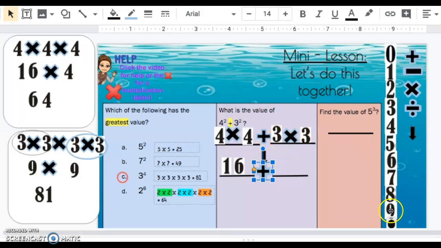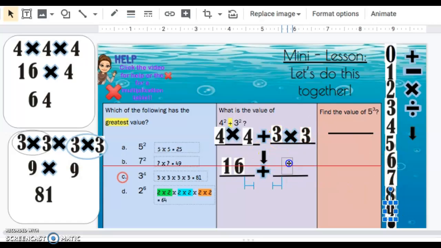And then you got to do 3 times 3 is 9. Okay, and then you'll add those two up. So on your scrap piece of paper, you're going to do 16 plus 9, or you can use your fingers, whatever you prefer. You would do 6 plus 9 would be 15. 1 plus 1 is 2. So your answer is going to be 25.